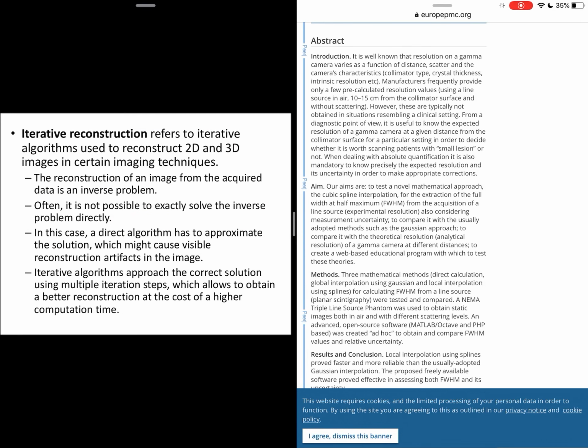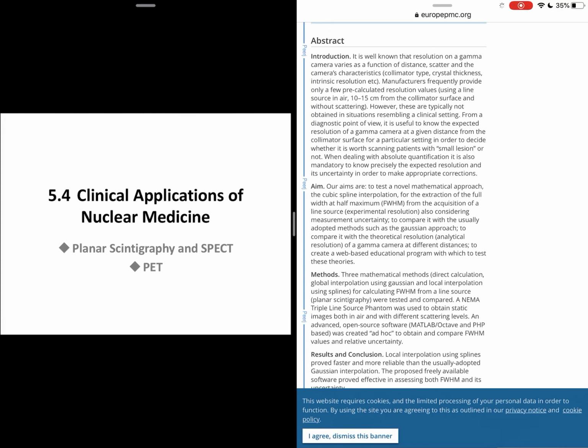Because of the accurate attenuation correction based on the transmission source data, which can be built into the iteration process. So iterative reconstruction refers to the iterative algorithm used to reconstruct 2D and 3D images in certain imaging techniques. You can read the points discussed here.